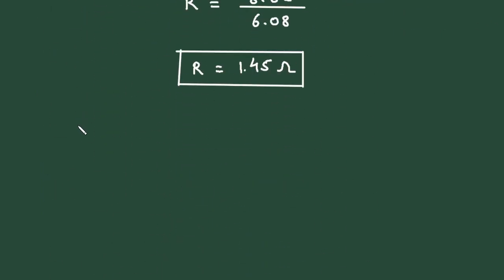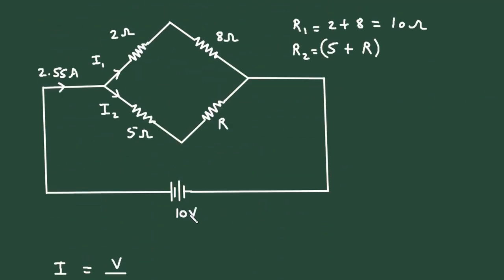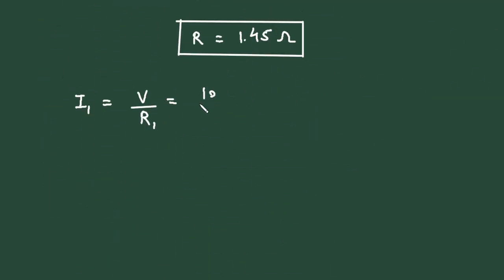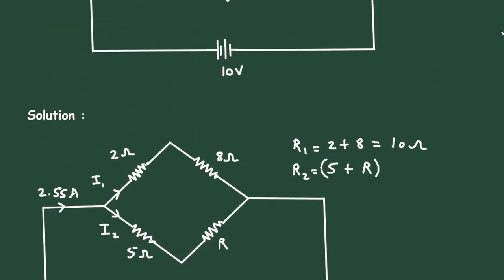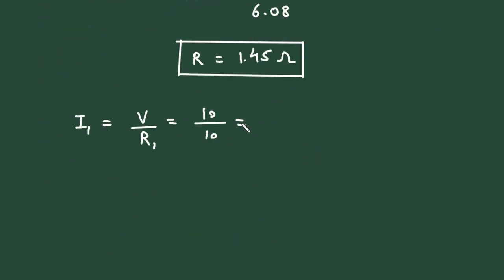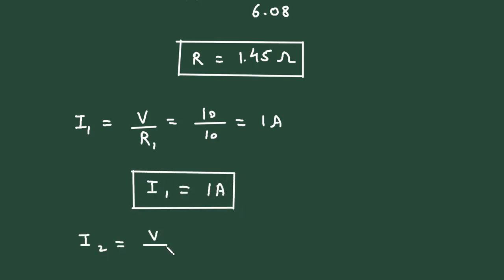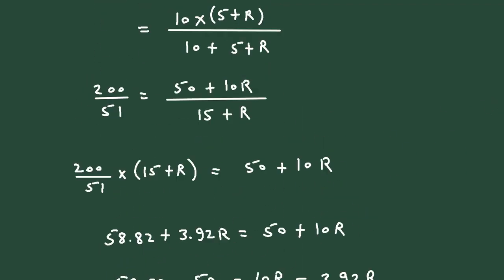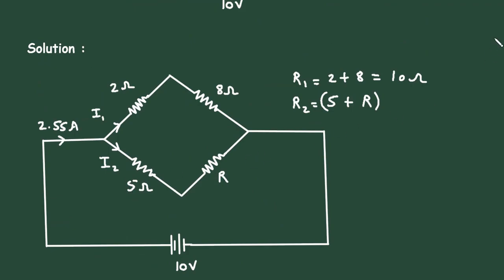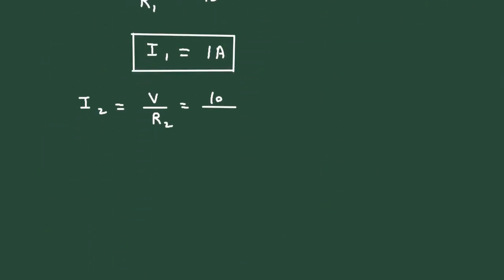Now if we want to verify our answer, so we have the value of I1, I2 and I3. So according to KCL, that is Kirchhoff's current law, summation of all the currents entering a node is equal to summation of all the currents leaving the node. KCL stands for Kirchhoff's current law.